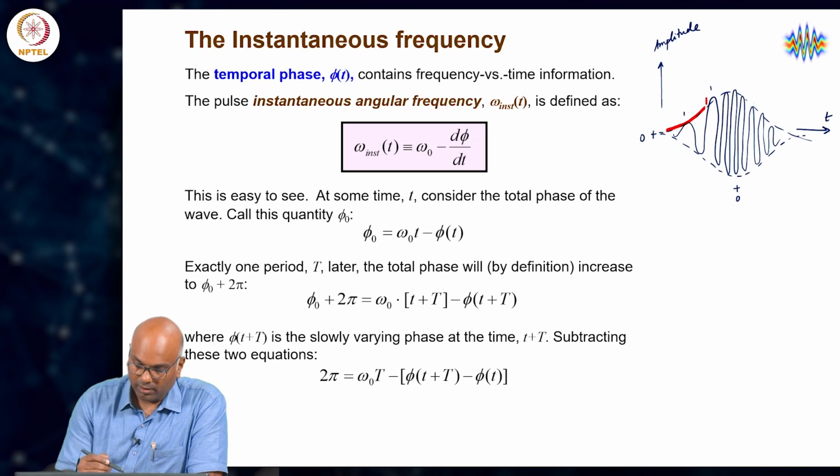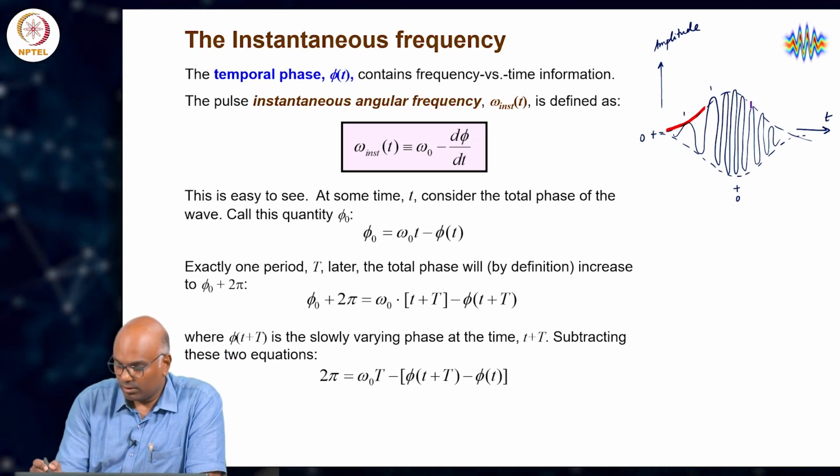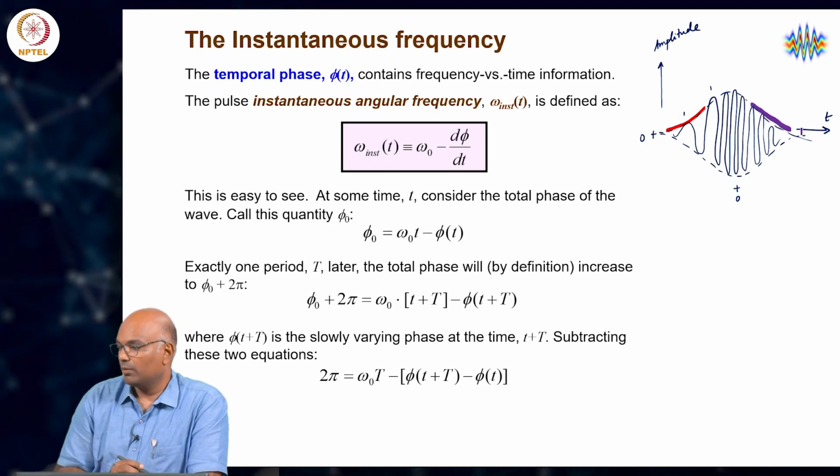It is the wavelength instantaneous frequency is redder here and it is bluer here.